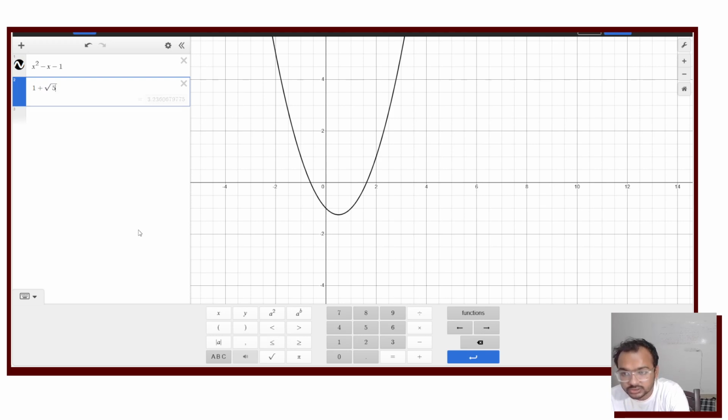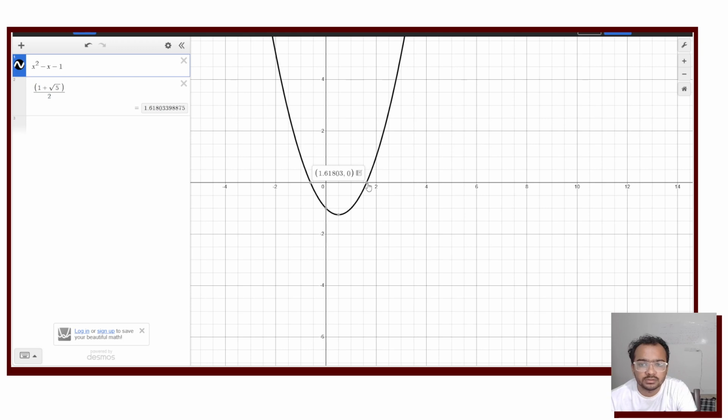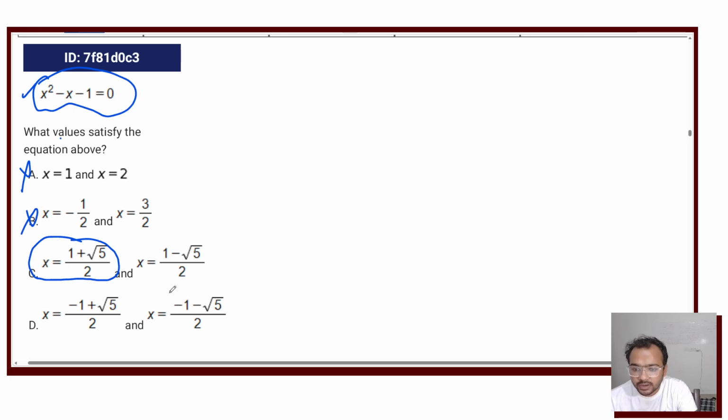That will also make it square root 5, and this entire thing is to be divided, so I'll keep this bracket over here and we'll divide it by 2. So we are getting 1.6. Yeah, 1.61 is one of the roots. Okay, so 1 plus root 5 by 2, it means C will be correct then, because no other option is having 1 plus root 5 by 2. So I don't even have to check this.